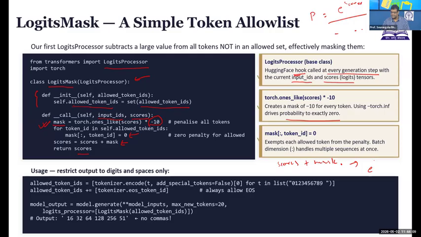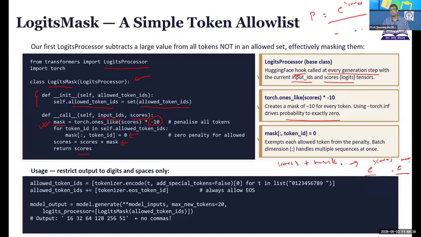In the exponential domain, it is e to the power scores times e to the power mask. What is mask? Mask is minus 10. So for the disallowed tokens, e to the power scores gets multiplied by e to the power minus 10. For the allowed tokens, it gets multiplied by e to the power 0, which is 1.